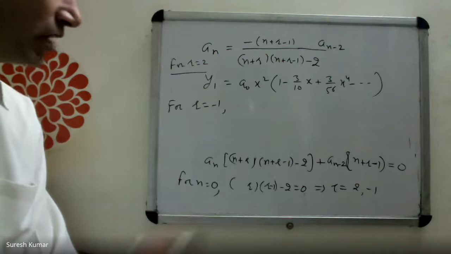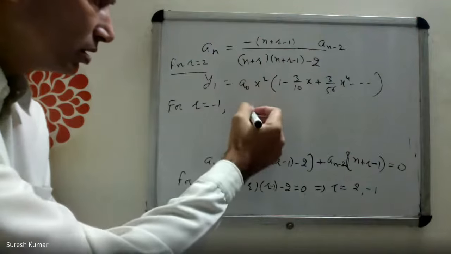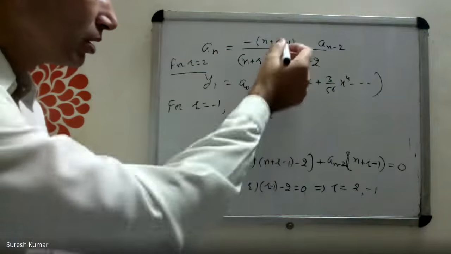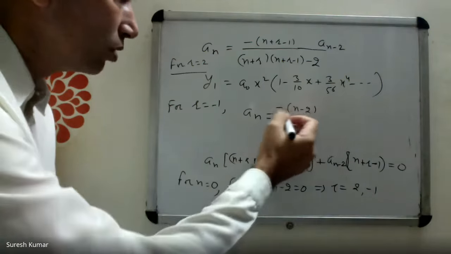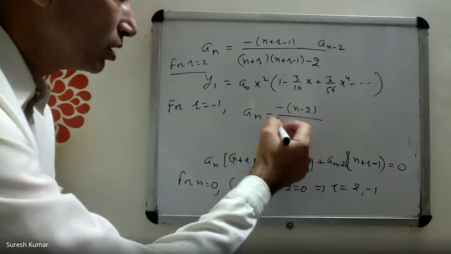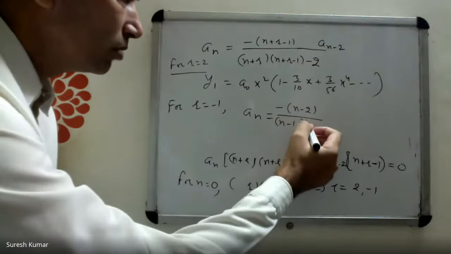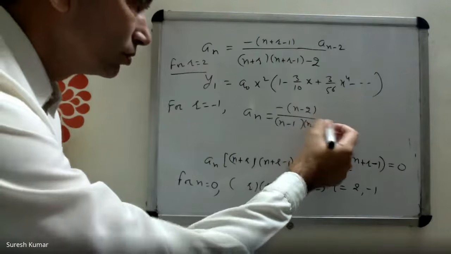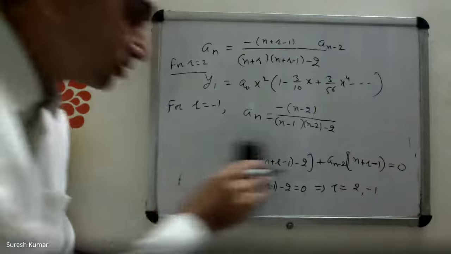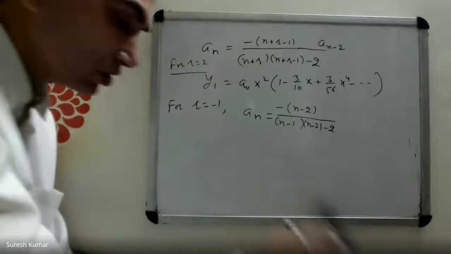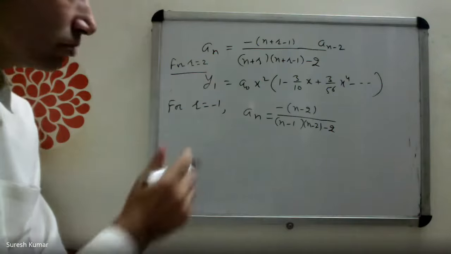For r equal to minus 1, write this recurrence relation. See, what do you get? If r is minus 1, it's minus (n minus 2) over (n minus 1) into (n minus 2) minus 2. Fine. After this, we shall look at the various coefficients and what happens to them.